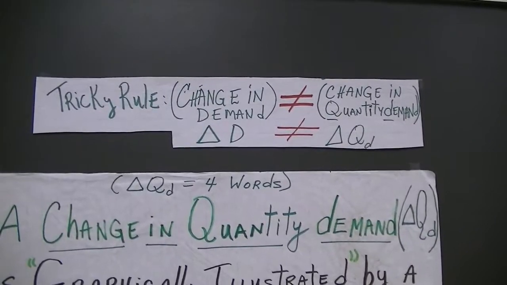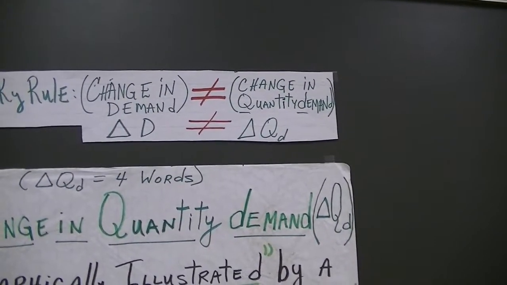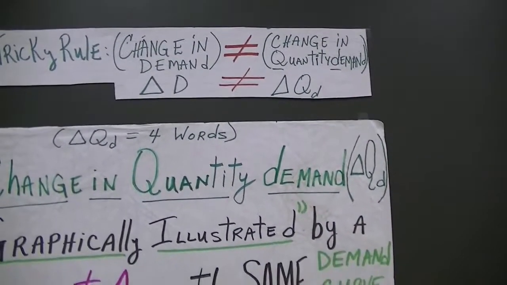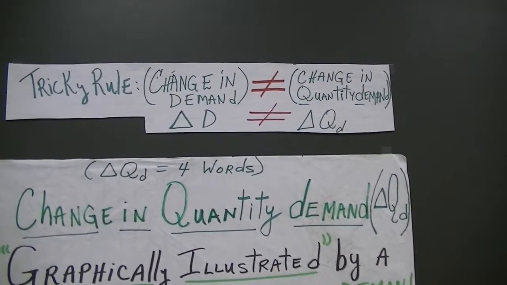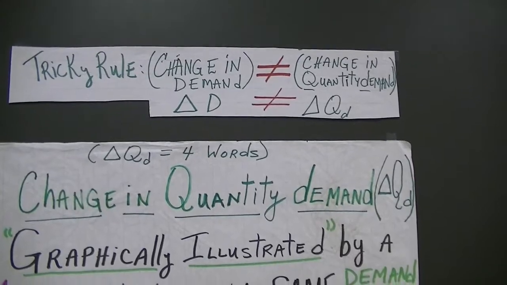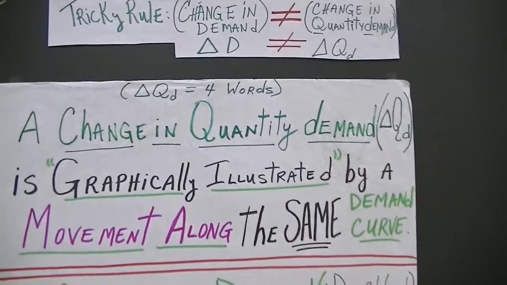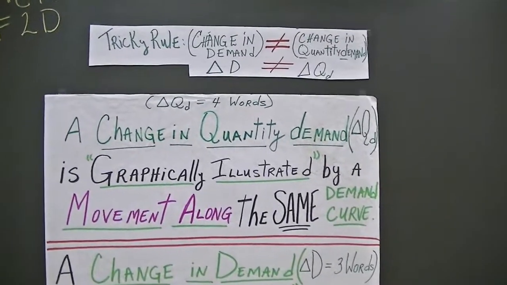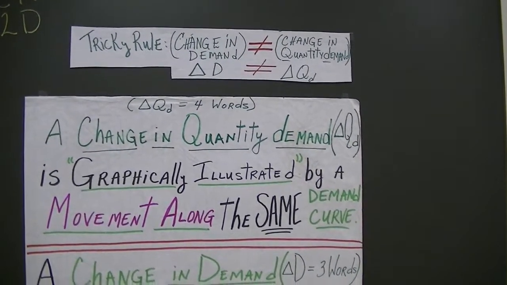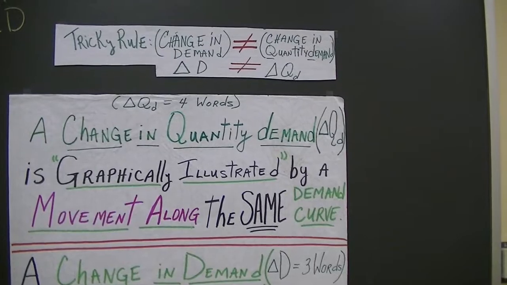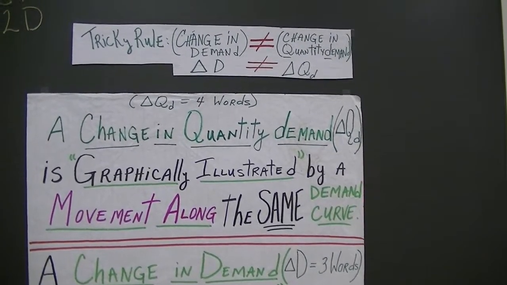So a three-word phrase versus a four-word phrase, and they mean totally different things, and if you're taking economics classes, you can get very confused by the multiple choice questions. How we illustrate them graphically: a change in quantity demand is graphically illustrated by a movement along the same demand curve, and we're going to show you that today in this video.